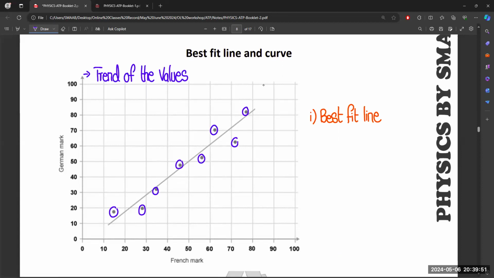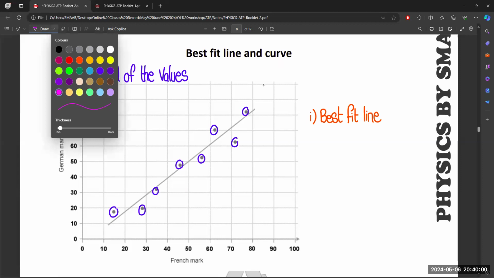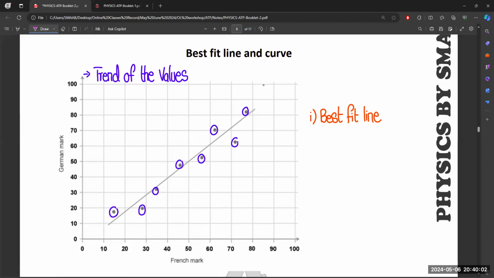It is not compulsory to connect all the points in a straight line. Let's suppose you try to connect all the points in a straight line like this. Sometimes we make a graph like this. So actually, what happens?